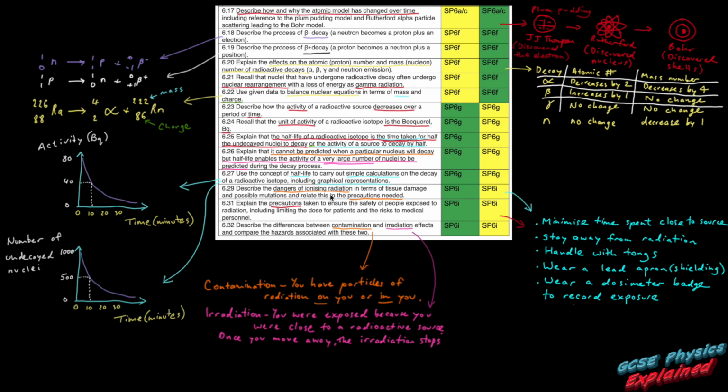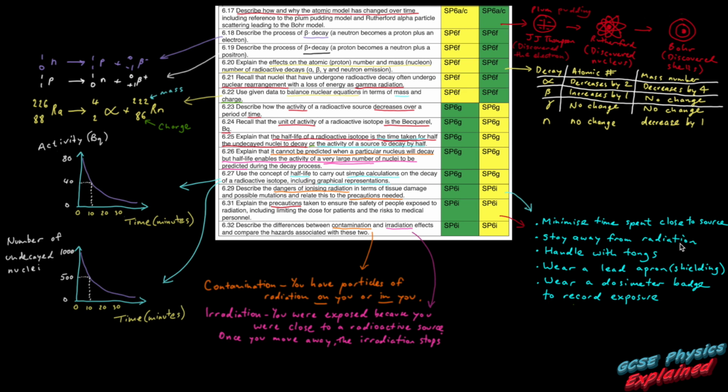Describe the dangers of ionizing radiation in terms of tissue damage and possible mutations, and relate this to precautions needed. So the dangers obviously are tissue damage for 1 mark, possible mutation of cells for another mark. Precautions needed, well, if you've got to be next to a radioactive source, minimise the amount of time that you spend close to it.